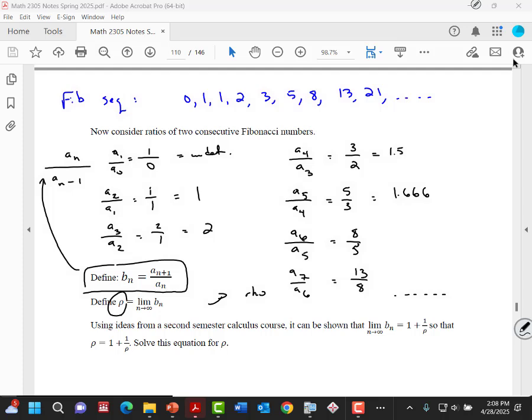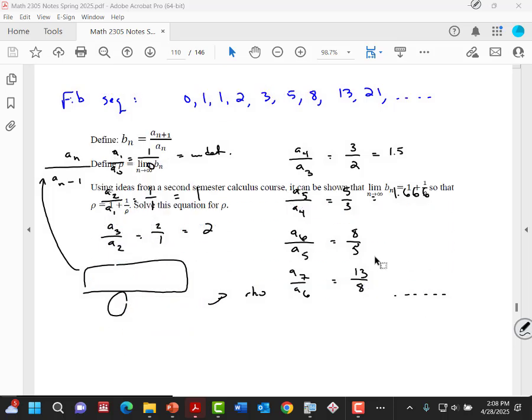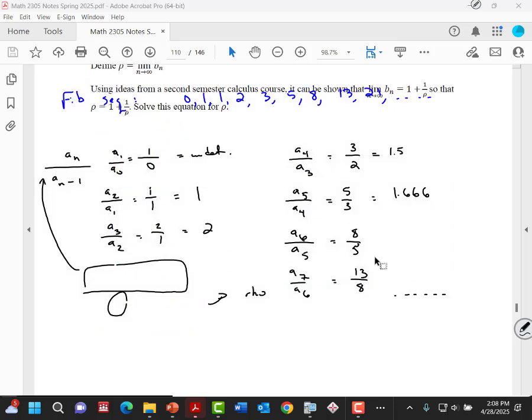Okay? So using some ideas from second semester calculus, and this is not a calculus course, so we're just going to use this fact, but it can be shown that the limit as n goes to infinity of b sub n equals 1 plus 1 over rho. So rho equals 1 plus 1 over rho. Now what I want to do is solve this equation for rho.